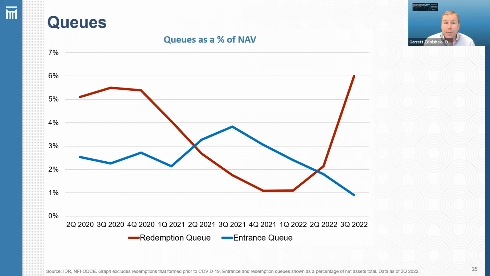In the third quarter, we saw payouts on the extremes from 100% to basically 5% of the requested amount. Now, a couple of things. One, largely those 100% payouts came from matching entrance queue to exit queue only. So that's what drew down some of that entrance queue at some of those funds.